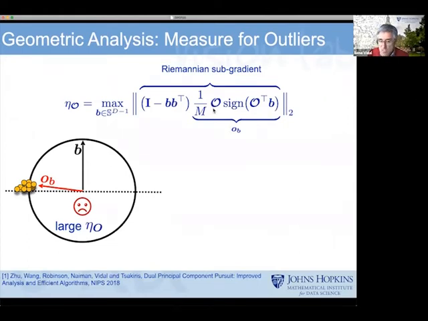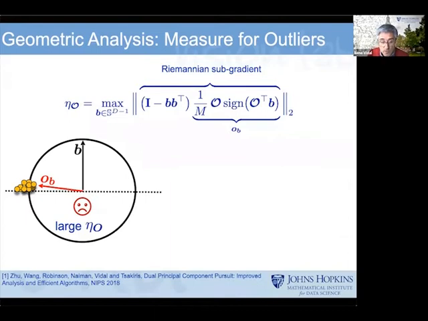And therefore, it's a weighted combination of the columns of O. So in a sense, it's a weighted average of all of the outliers.